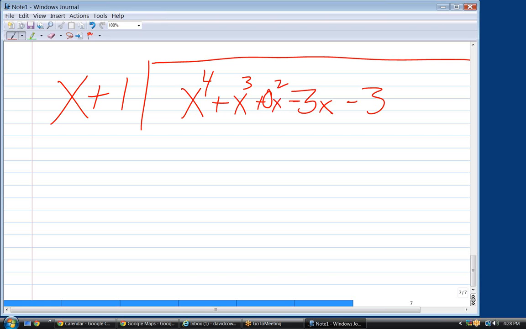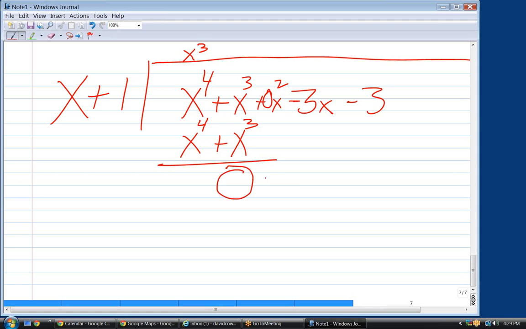Now we have every degree. X cubed goes here, x to the 4th plus x to the 3rd. Now subtract. It comes up to 0.